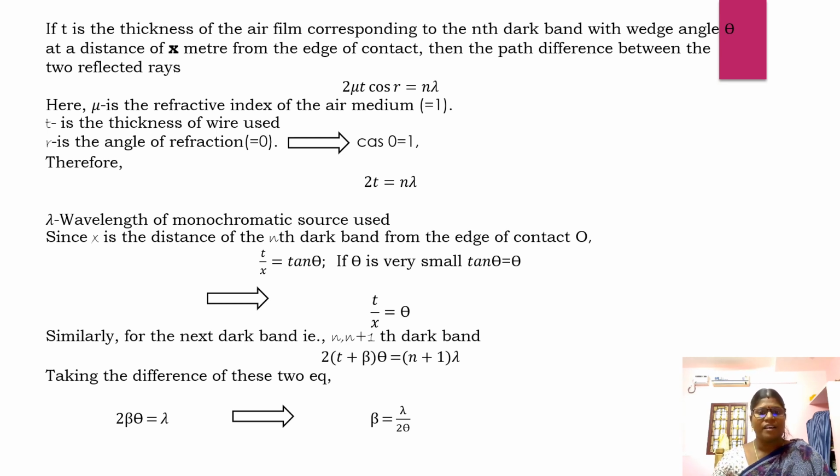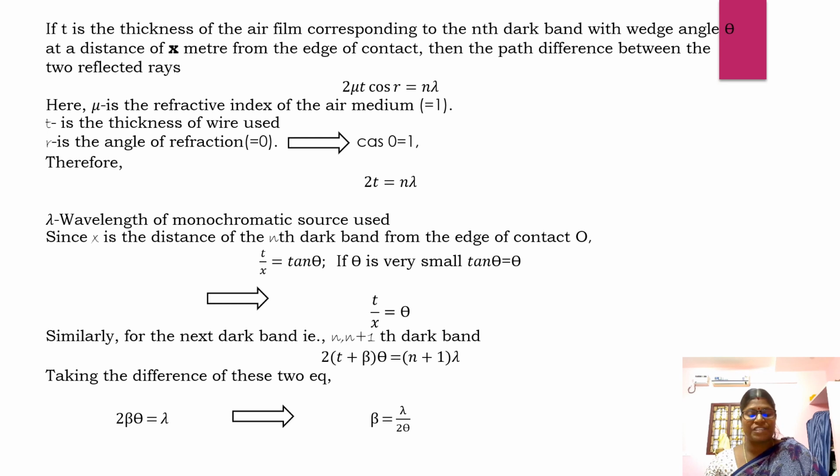That's why we are writing 2t plus beta into theta equal to n plus 1 into lambda. By taking the difference of these two equations, we can write 2 beta theta is equal to lambda, which implies beta is equal to lambda by 2 theta.